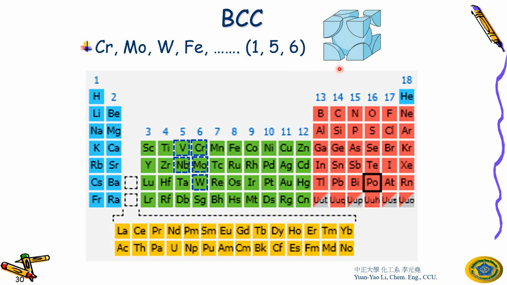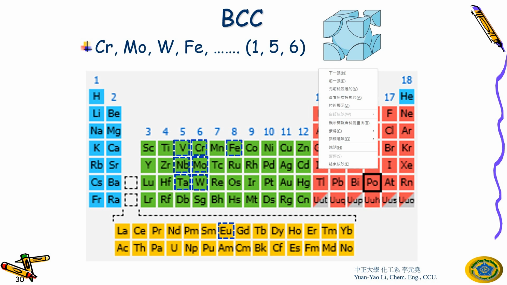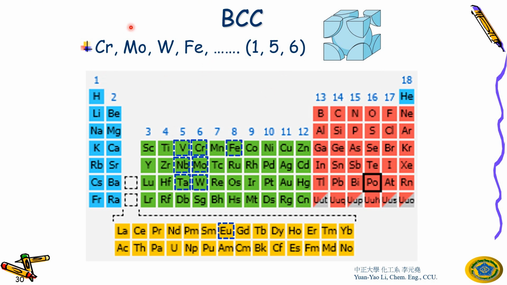Chromium, this. Okay? And again, you don't need to remember these elements, but you need to know what's BCC. Okay, so it's in the periodic table, group 1, group 5, and group 6 mainly.